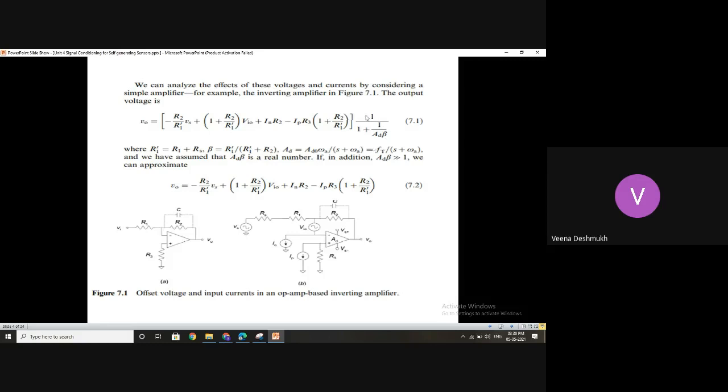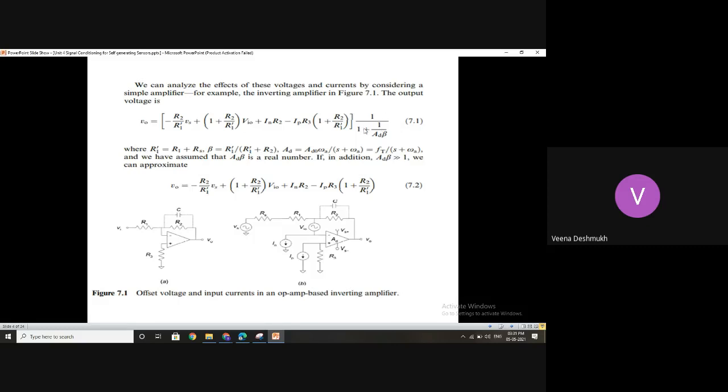Now in all practical cases, this factor is not considered, or this is equal to 1. Why is that? This difference gain is considered to be very, very high compared to 1. So AD into beta, that is the feedback factor, is also much greater than 1. So 1 by AD beta becomes almost equal to 0, a fraction like 0.00001.